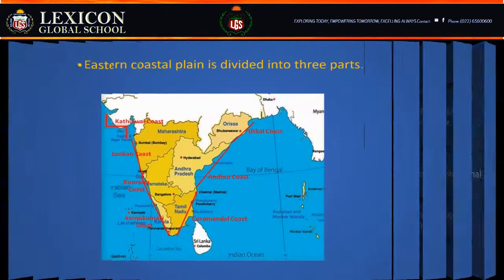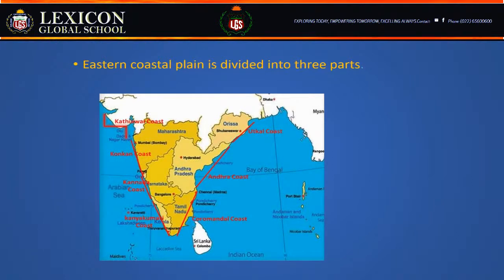The eastern coastal plain is divided into three parts, that is the Utkal coast, the Andhra coast and the Coromandel coast. The coastal area of Odisha is known as the Utkal coast.